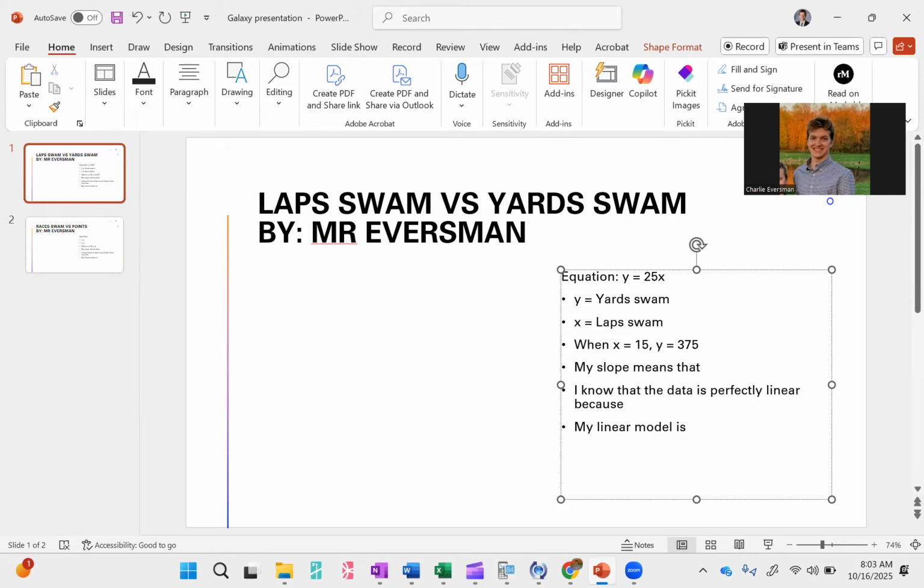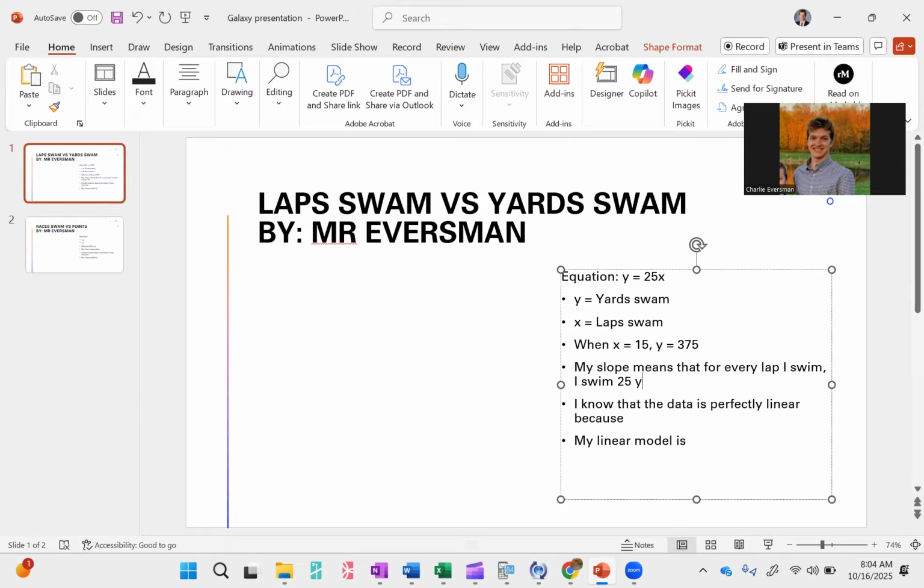My slope means that for every lap I swim 25 yards. Great, that's what my slope means. I know the data is perfectly linear because the number of yards in a lap does not change. That's kind of perfect.